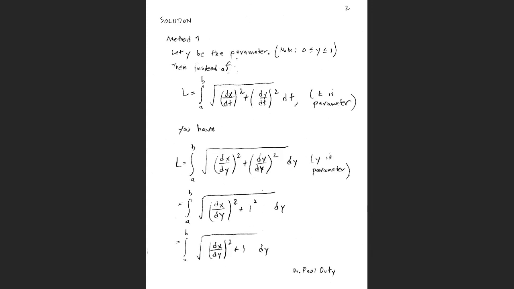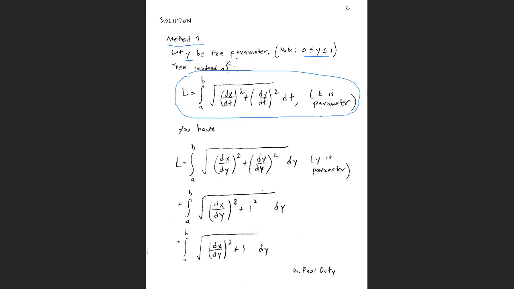So there are two methods here we can use. One is we can let y be the parameter. And if we did, then y would be between 0 and 1. And of course, the formula you're used to using is the arc length formula where t is the parameter.